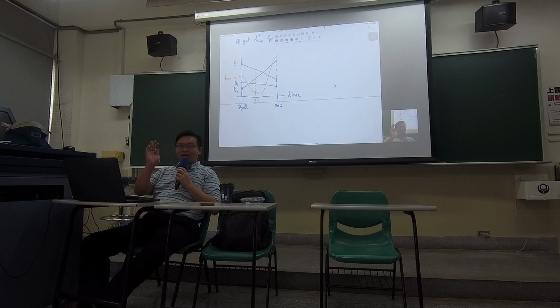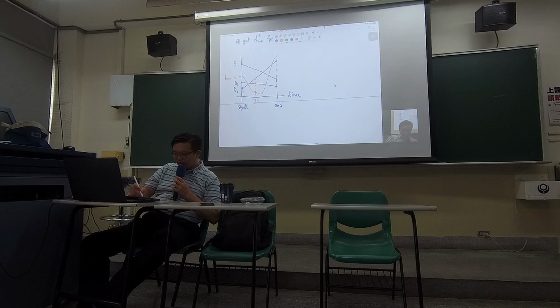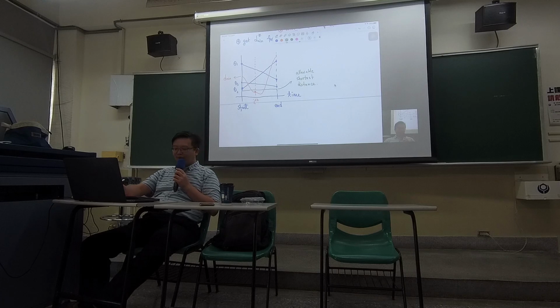Maybe there is one allowable shortest distance. So maybe, let me use a different color. Maybe this is the allowable shortest distance. If that's the case, that means within this region, I need obstacle avoidance.